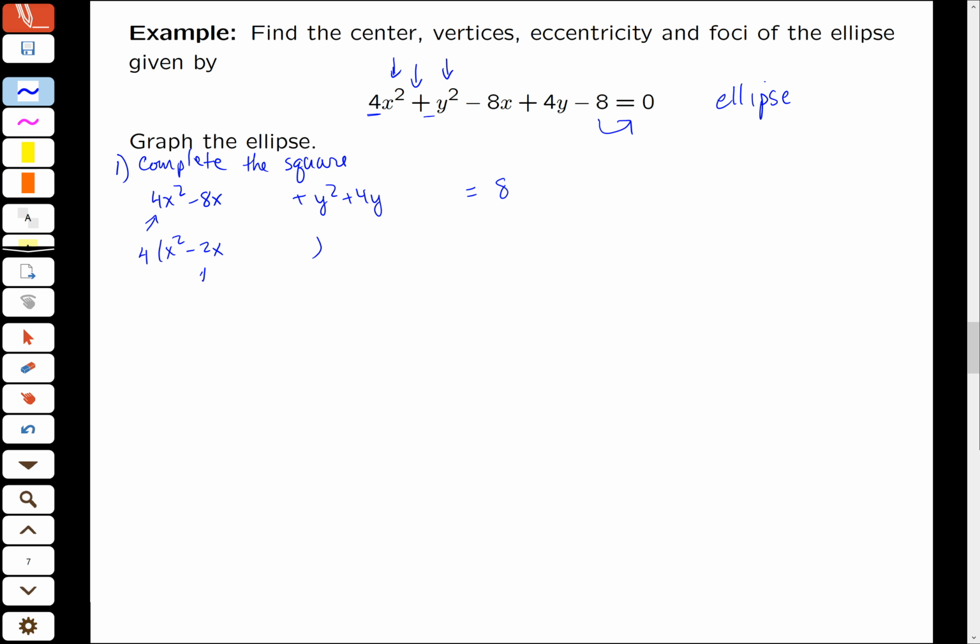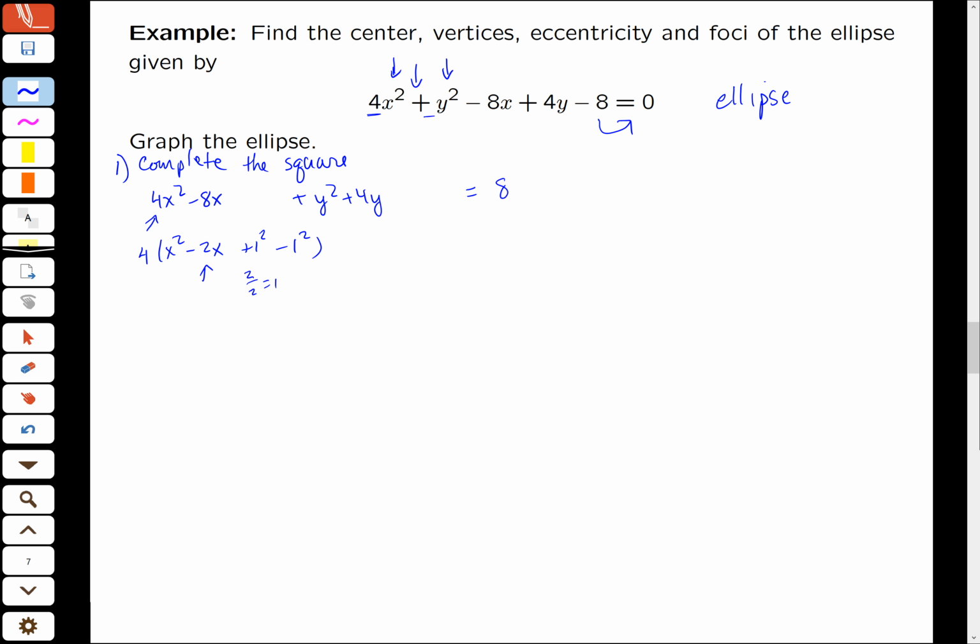And what is half of 2? This is not a trick question. 2 over 2 equals 1. So add 1 squared, subtract 1 squared. Notice something very important here. I kept everything inside these parentheses right here, because when you bring this minus 1 squared out, you have to multiply it by that 4 right there. So keep it all in the parentheses together.